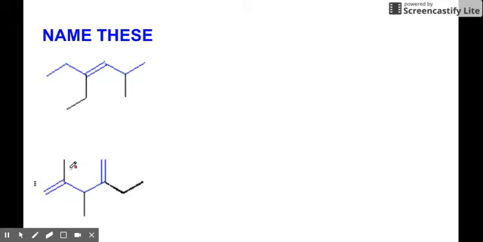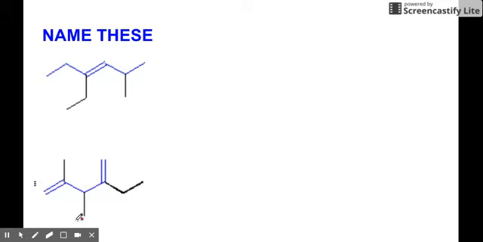Now, there are three branches. You have two methyls, this one and this one, and this one is an ethyl. So E for ethyl, M for your dimethyl. But where should we start? Both branches are equidistant from the double bond. So that means this comes to our third consideration, which is alphabetization.